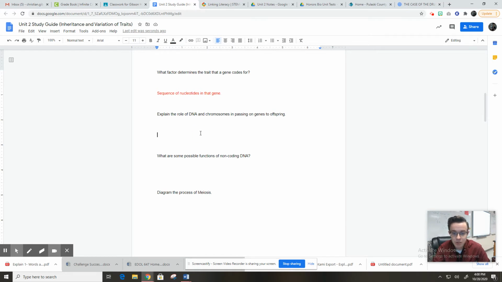Explain the role of DNA and chromosomes in passing genes to offspring. Well, just to put it very generally, each parent passes on 23, this is in humans, chromosomes. We call these haploid cells, the ones that only have half the normal amount.